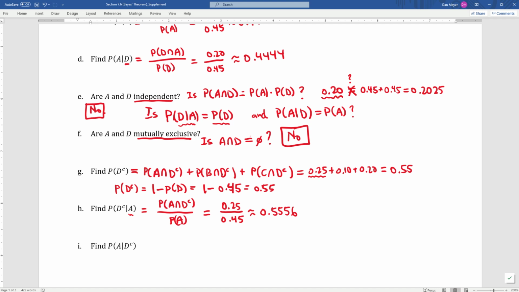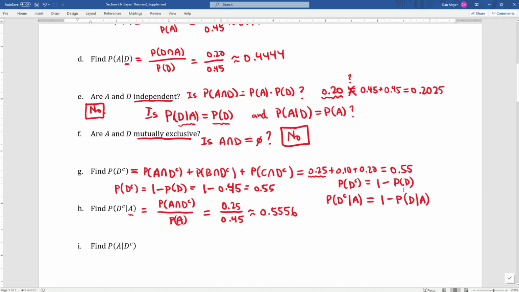Now, one thing that you can notice here is there's actually a complement formula for conditional events. The probability of D complement given A is equal to 1 minus the probability of D given A. It's basically the same as our regular complement formula, except we've changed both of these to be conditional probabilities with the same conditional event.